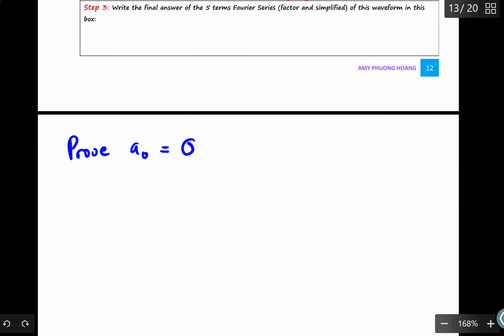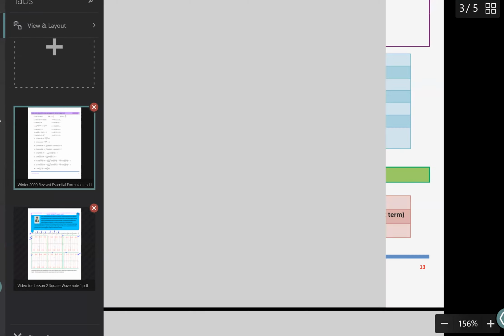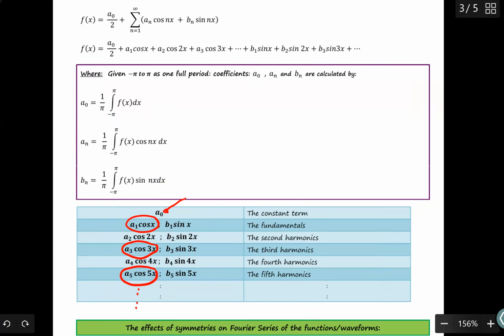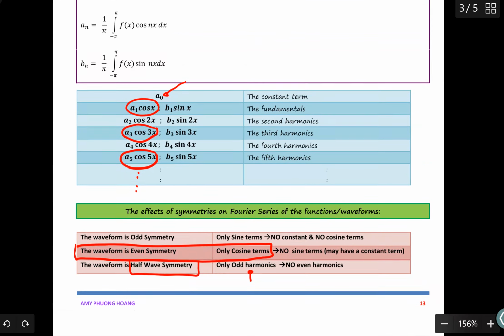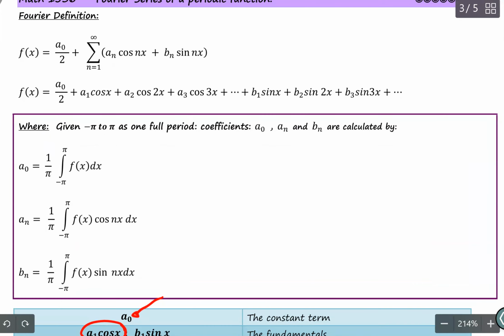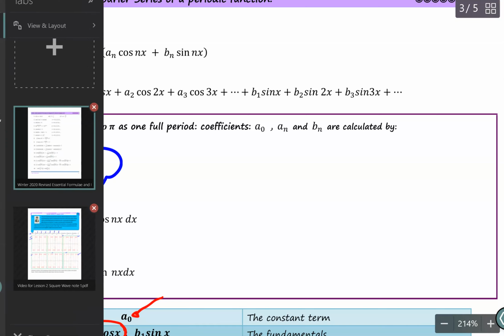I would like everyone to take a look at our formula sheet again. On page number 13, you see that A naught is given by this formula. So this is my A naught, and I will write that down.